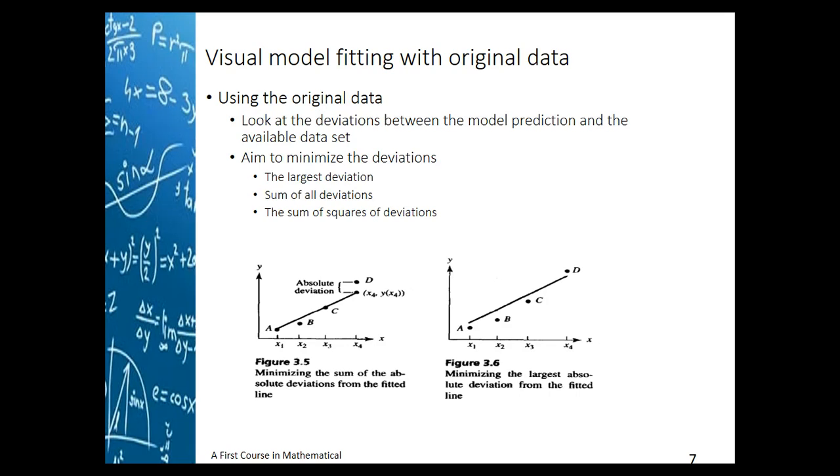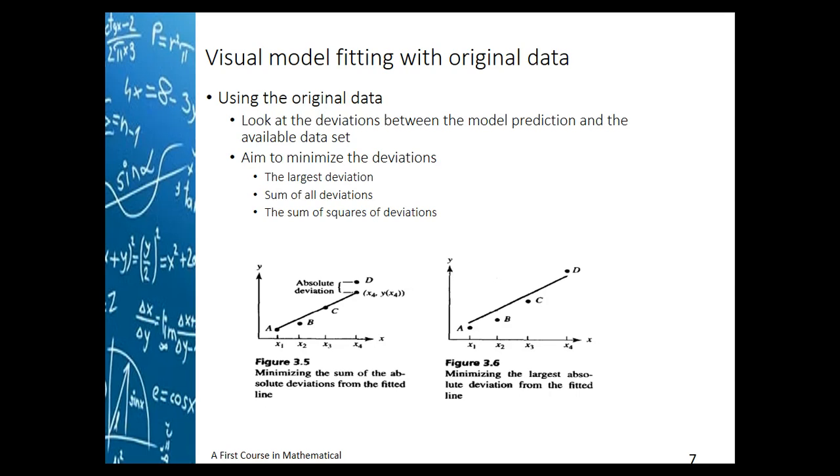If you notice at figure 3.5, right now we have 4 points, A, B, C, and D. In figure 3.5, you have 3 points on the line. You have one point, B, outside the line, whereas in figure 3.6, you don't have any points on the line.